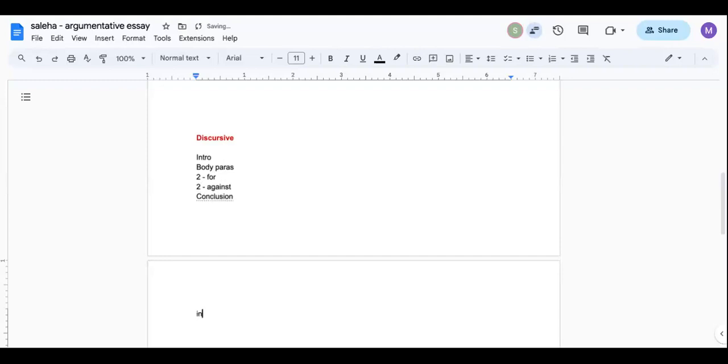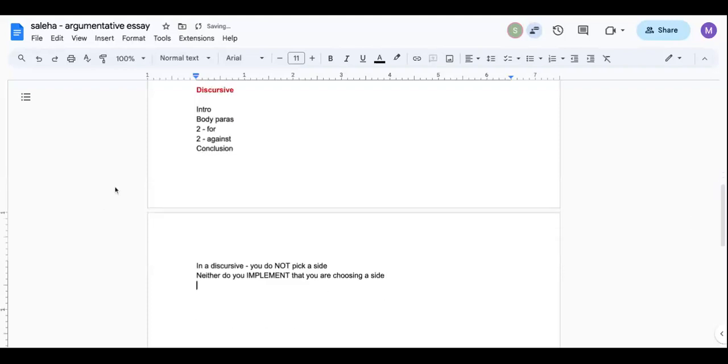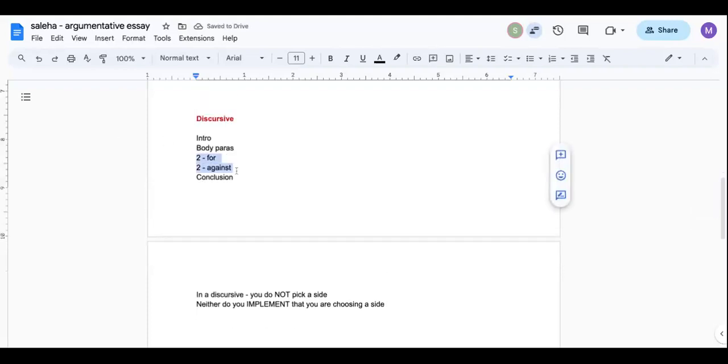Now why is this? In discursive you do not pick a side, neither do you imply that you are choosing a side. That is the only difference. So you will try to make sure to give equal pointers for and against.